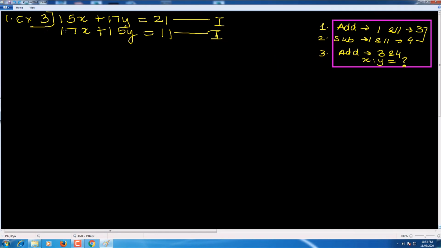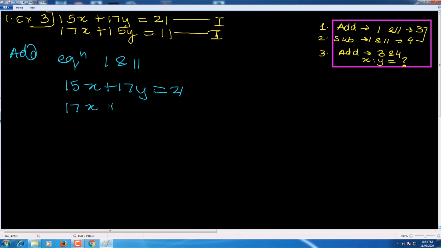So in this question, 15x + 17y = 21 and 17x + 15y = 11. We will add both equations, equation 1 and 2: 15x + 17y = 21 and 17x + 15y = 11. This only applies when the coefficients are interchanged.